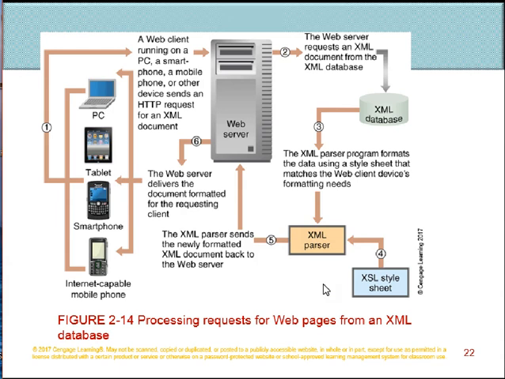An XML parser will format the data using a style sheet, XSL, that matches the web client device's formatting needs. That parser then sends that document back to the web server, and the web server then in turn delivers it to the requesting client.